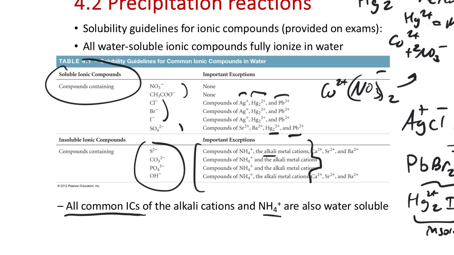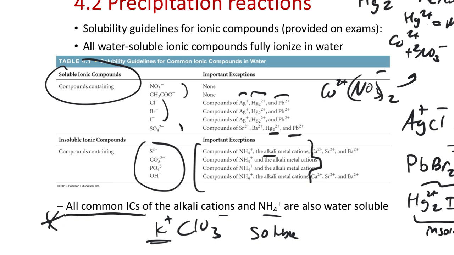On our chart, we don't see an ion like, say, chlorate. But if you pair this with potassium ion, then you know this must be soluble because all compounds of the alkali metals are soluble. You know that, so this would be soluble by this rule here, that all common ionic compounds of the alkali cations and ammonium are soluble.